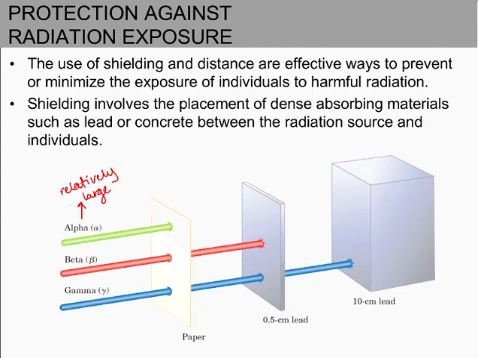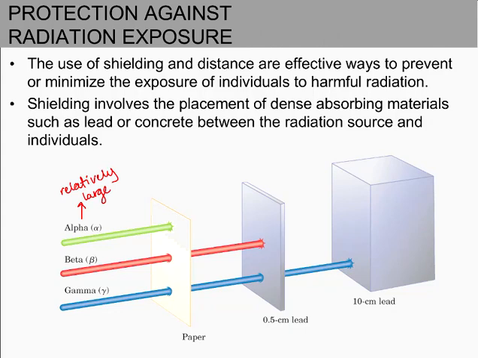So alpha particles are easy to prevent any penetration. However, let's say you accidentally ingest alpha particles or inhale them. Alpha particles are very damaging to our organs and our cells.